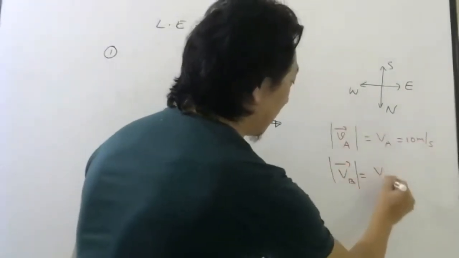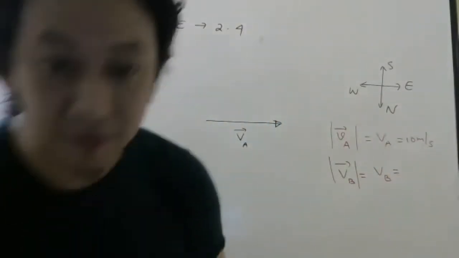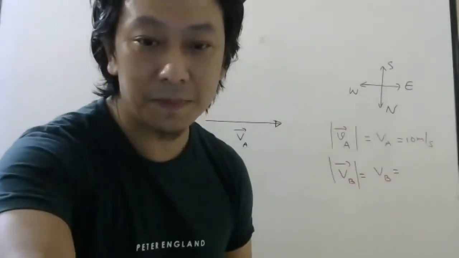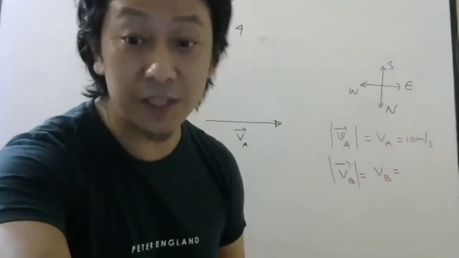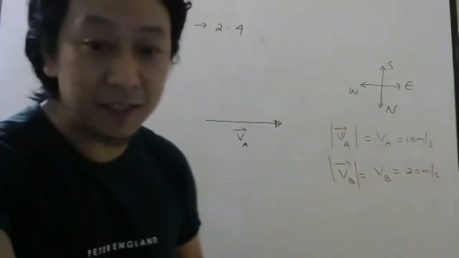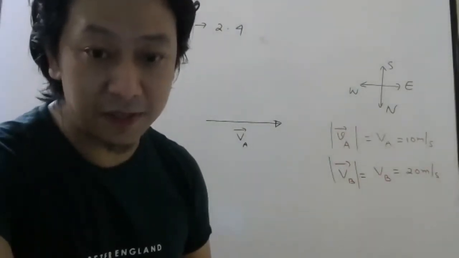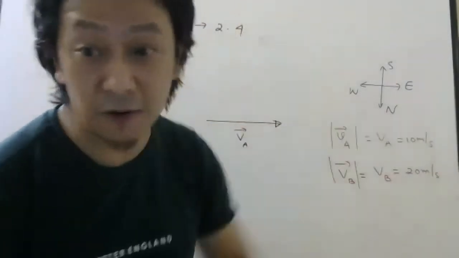Can you tell me the magnitude of the second car? Just check once. It is 20 meter per second. That means the direction is given as north.